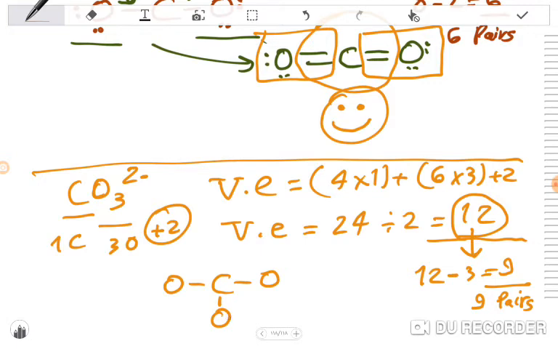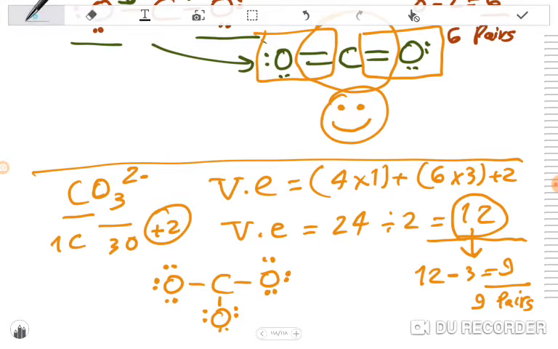Divide them between the side atoms, the oxygens: 1, 2, 3, 4, 5, 6, 7, 8, and 9 pairs. In this state, again the carbon is angry. Why angry?